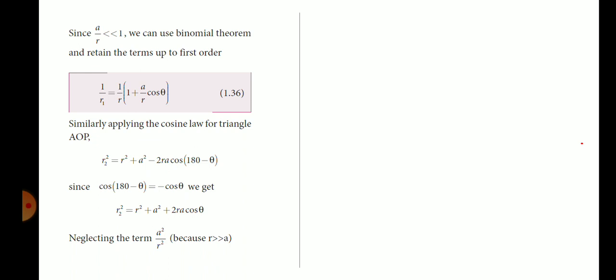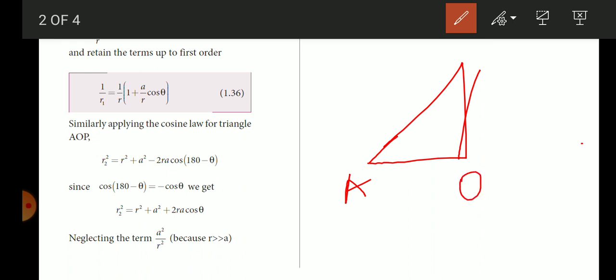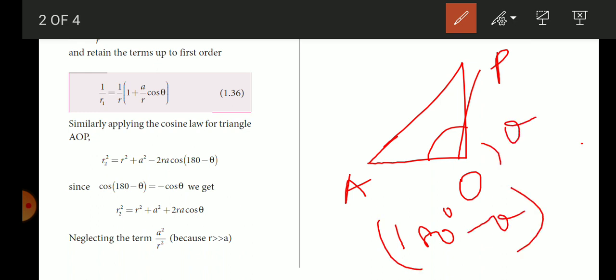Similarly, we will calculate 1 by r2. In order to calculate 1 by r2, I have to consider the triangle AOP. If you remember the previous diagram, this is A, this is O, this is P, this is theta, that is 180 minus theta. Then this is r2, this is r.